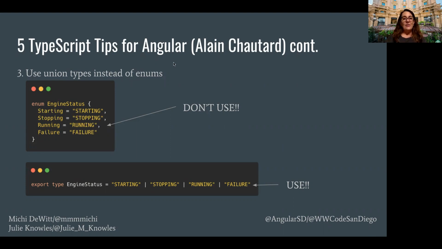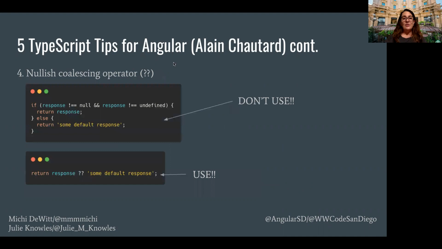And then the fourth one was our famous nullish coalescing operator, which I think most people know about, but if you don't, if you are used to testing whether the response isn't null and isn't undefined, then return the response, else return some default response, that's a bunch of extra stuff.